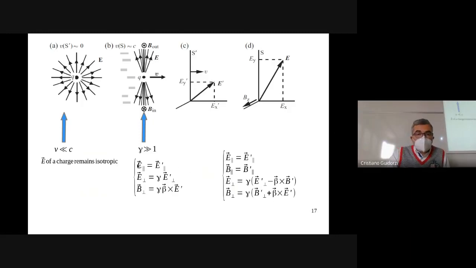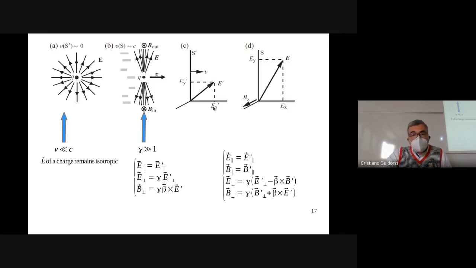How does the electric field change? Well, you have to pay attention because both components, parallel and perpendicular, behave in a different way. To appreciate this, look at panel C here. Panel C shows the electric field in the moving frame. So for a generic position here, let's suppose the particle is here, and you want to calculate the electric field there, where the arrow lies.